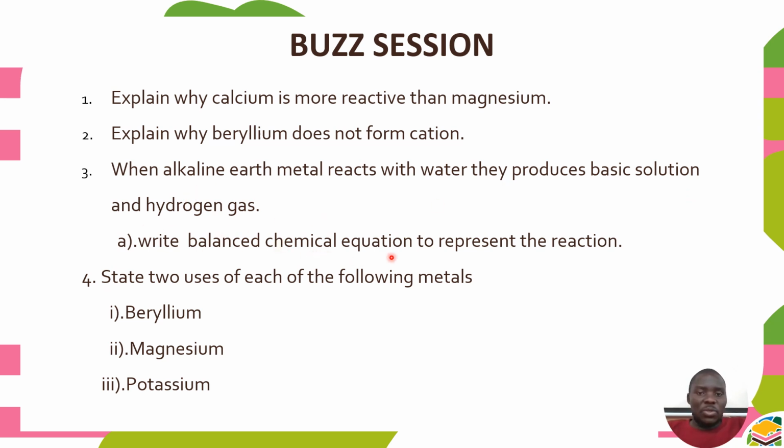Write the chemical equation to represent the reaction. So here you can use either all of them or any of the examples given based on the group 2 elements that we have covered. State 2 uses of the following metals: beryllium, magnesium, as well as potassium.